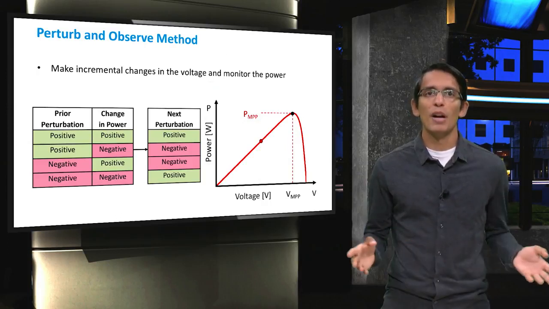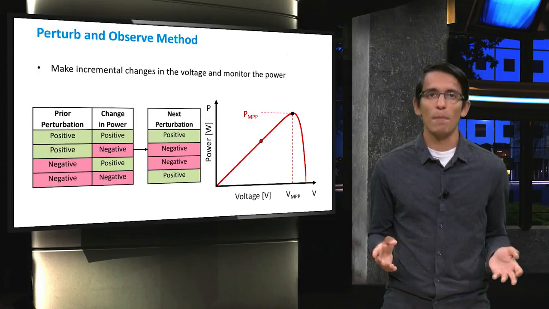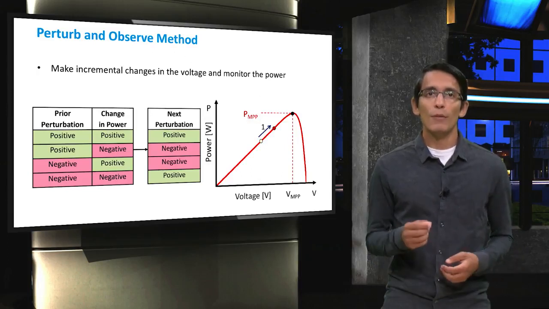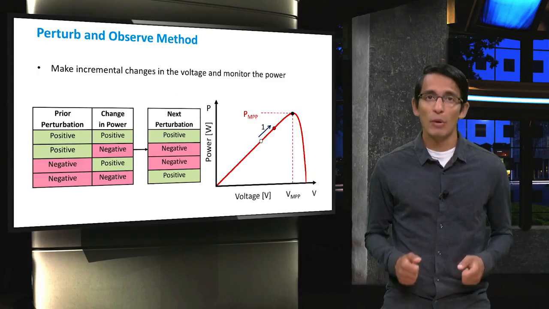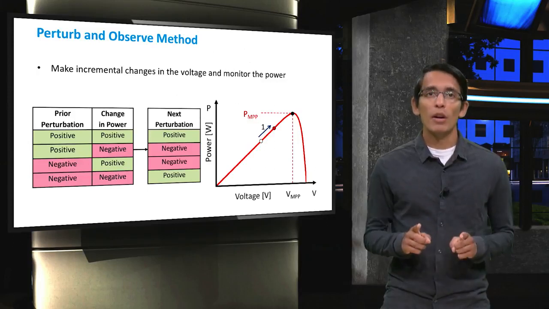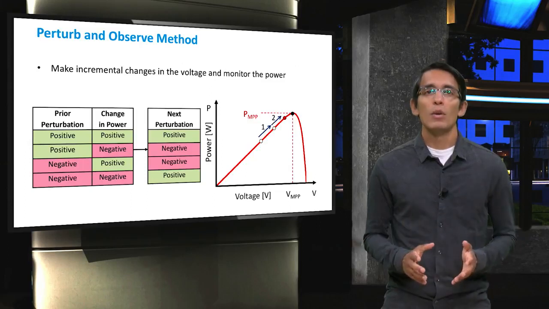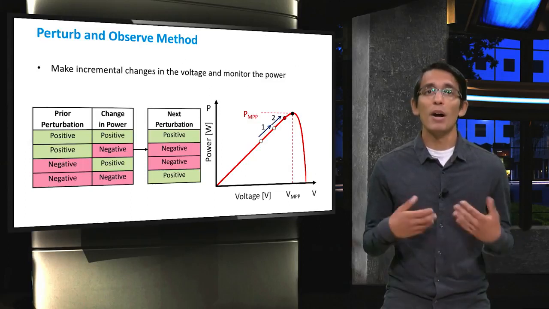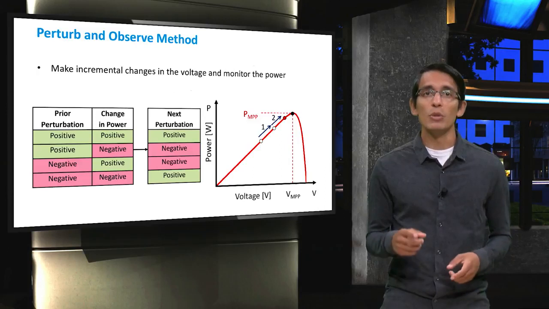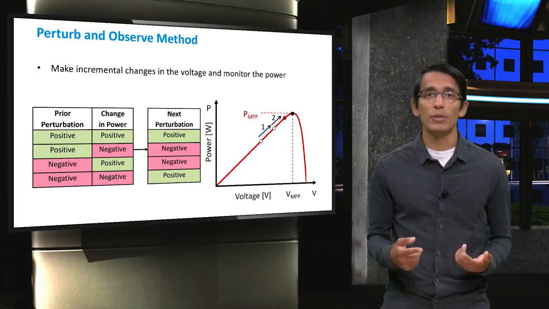So let's just choose a positive voltage perturbation to start. Now, the voltage has shifted positively and the power has gone up. Therefore, the next perturbation should also be positive. Again, we have a positive perturbation with a positive change in power. This means we will again increase the voltage.